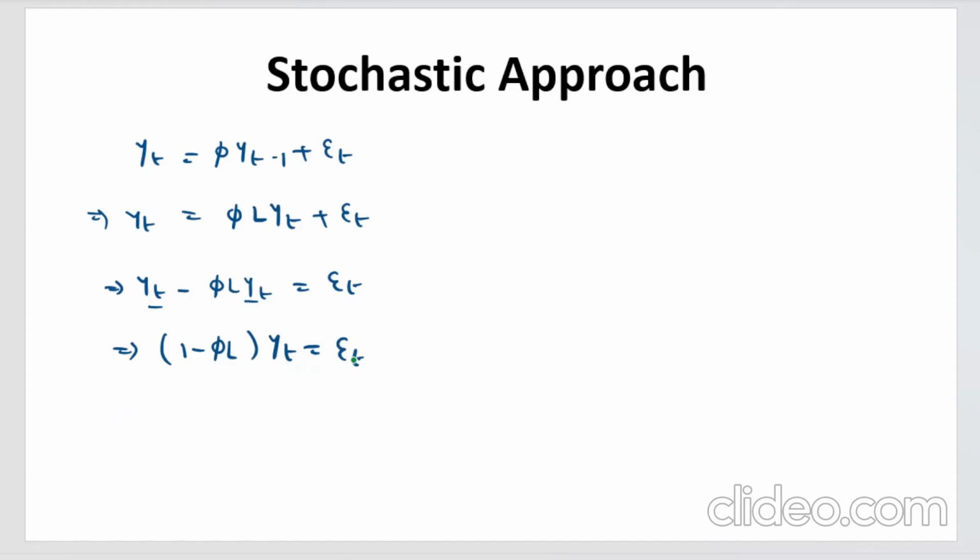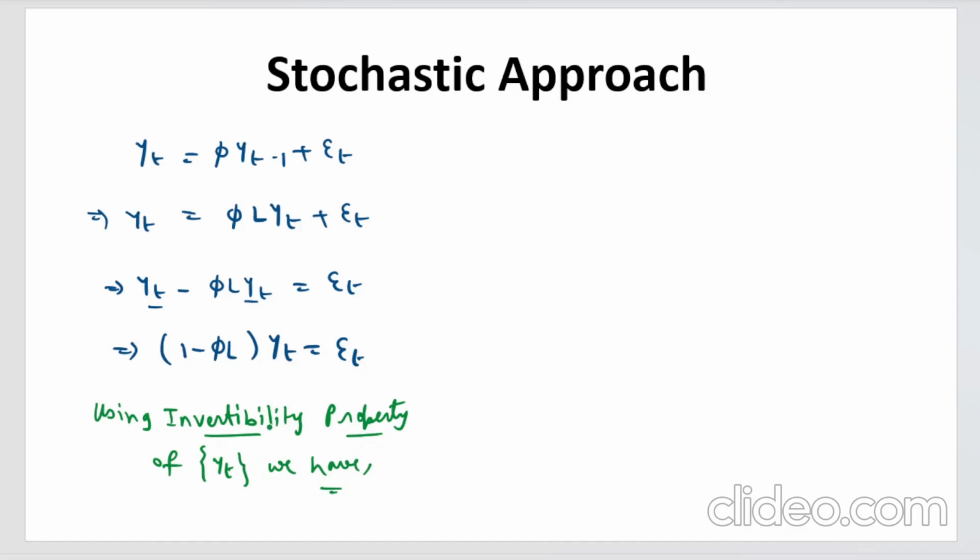Now using the invertibility property of yt, we have, so let me write on this side, yt can be written as 1 minus phi L inverse into epsilon t.